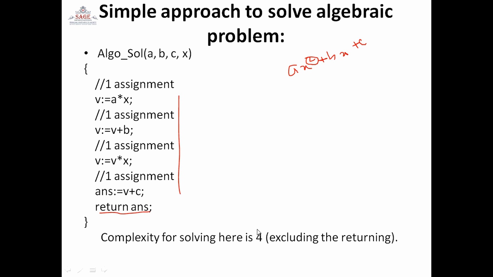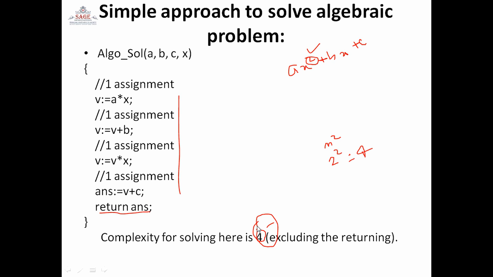We are getting time 4, and that is N square, where N is the polynomial degree. That is 2 cross 2, and that is going to give you this 4. So that is how we are going to take the complexity.